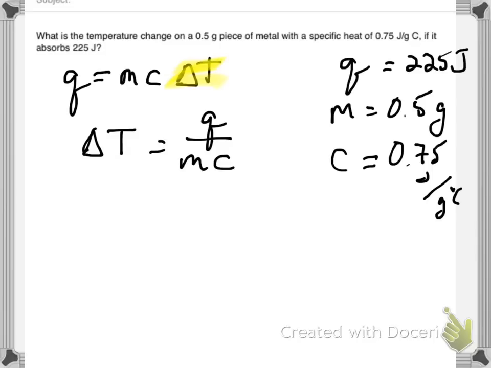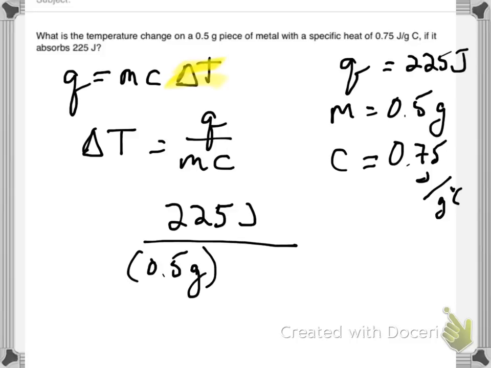And so now we just plug the values in. Q is 225 joules. Our M value is 0.5 grams. And our C value, specific heat, is 0.75 joules per gram degree Celsius.